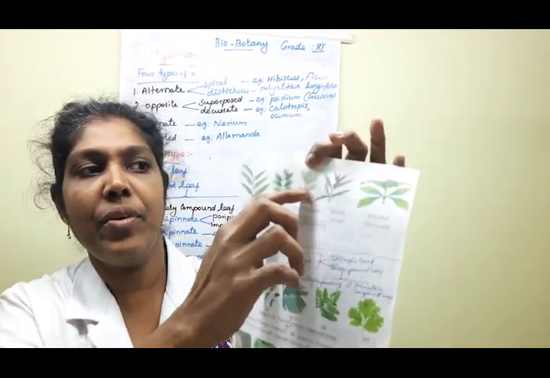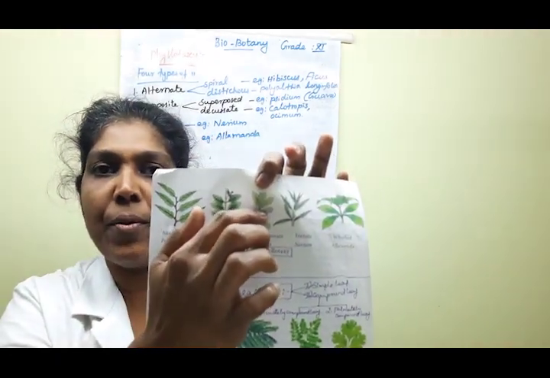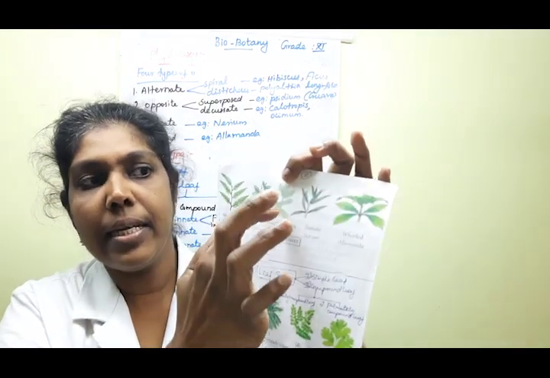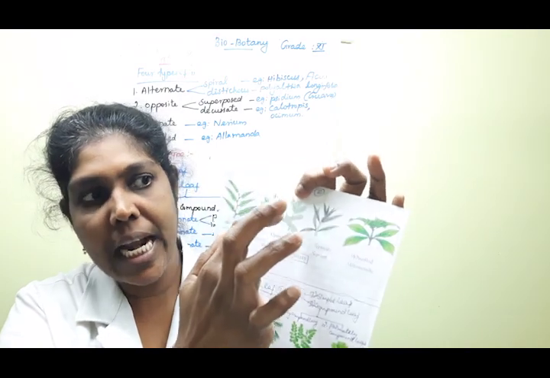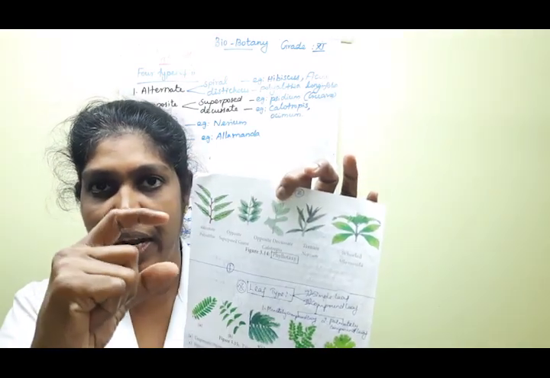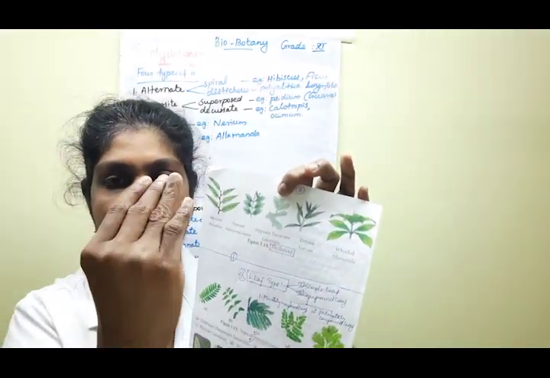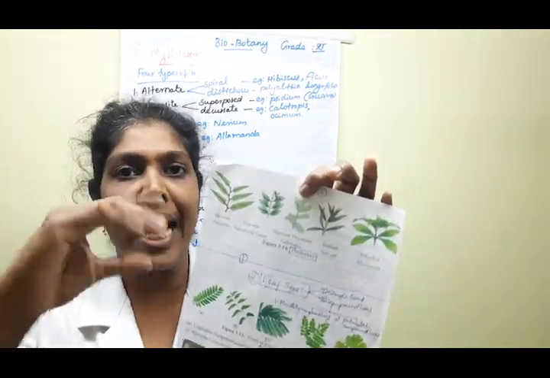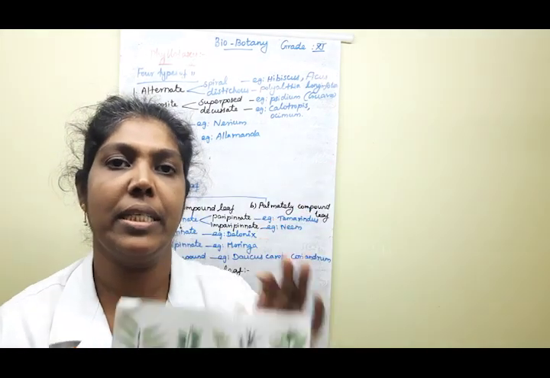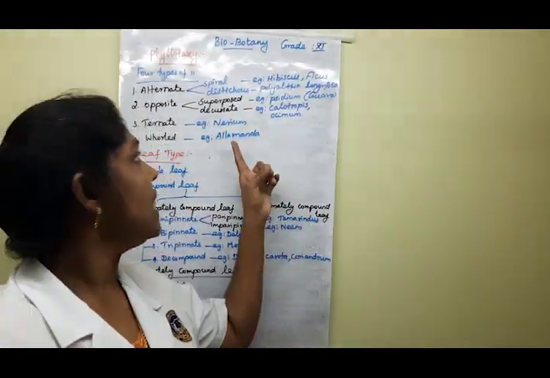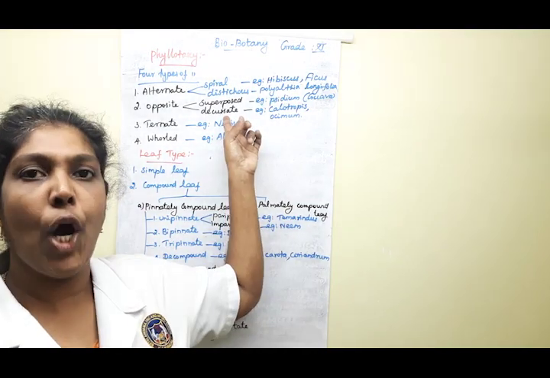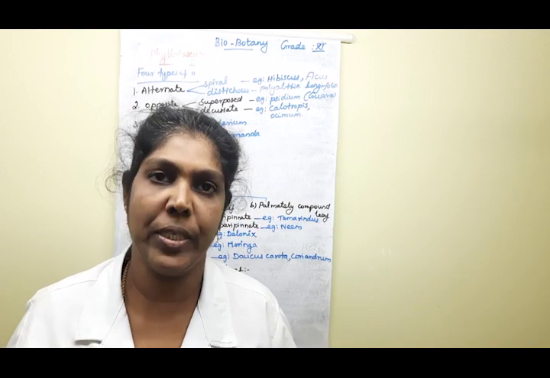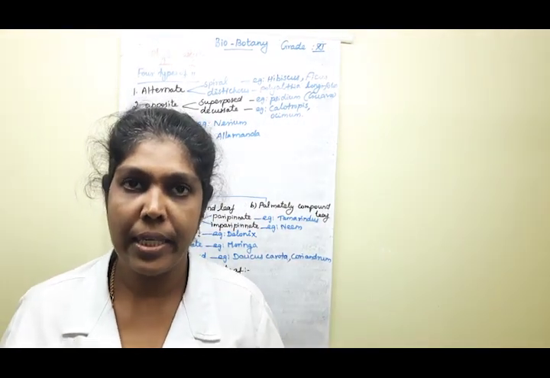See here, the first pair is in one direction, isn't it? Then the next pair below or above turns at a right angle to it. This arrangement of leaves is known as opposite decussate, the second type. The example is Calotropis. Understood? Say yes or no?